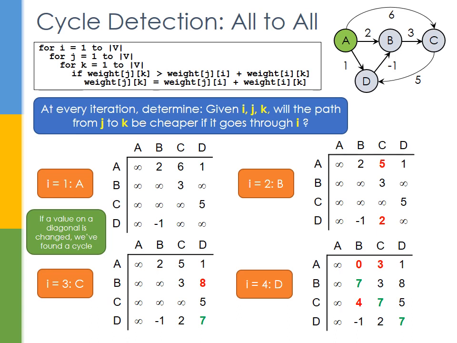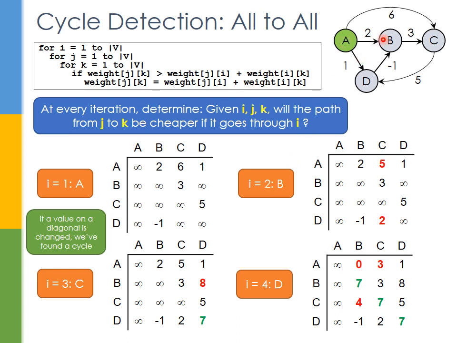Over here, i takes on a value of 4, meaning that we're working with vertex D. So we're looking for paths that go through D that then form shorter paths connecting two vertices. So we can see we have quite a number of those situations. If we look at vertex A connecting to vertex B, we saw in our previous iteration that that cost was 2.